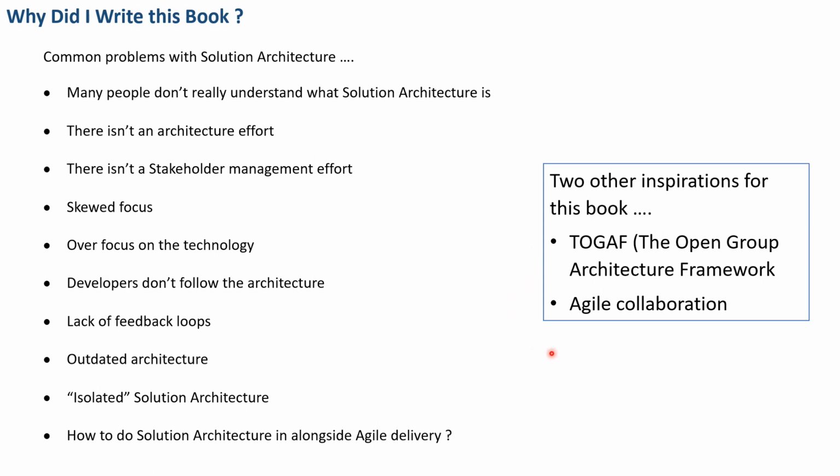And Agile collaboration, so again, another common theme. Agility is absolutely prevalent now. It's the main means of developing and delivering solutions. And a lot of solution architecture, in my view, is still stuck in a kind of waterfall mode. So I thought I'd give my view on how we can address some of that.